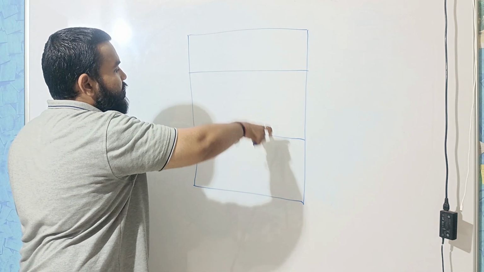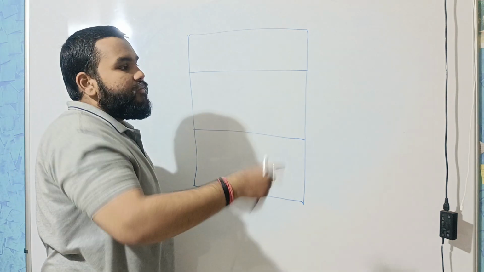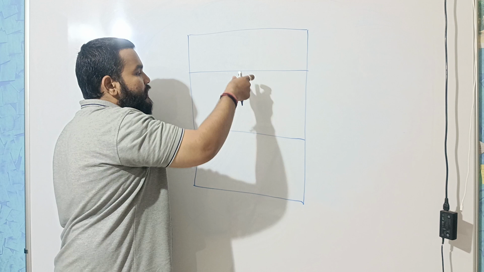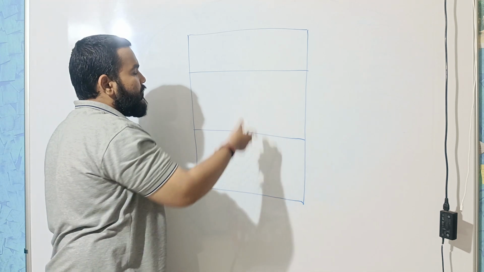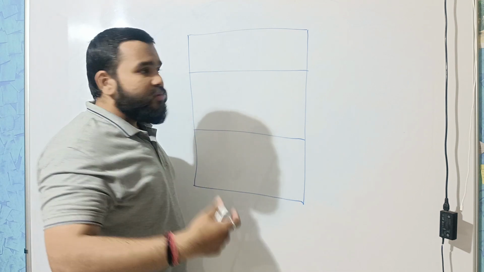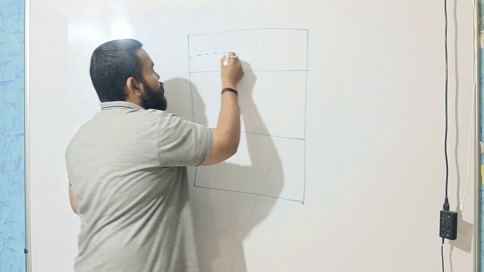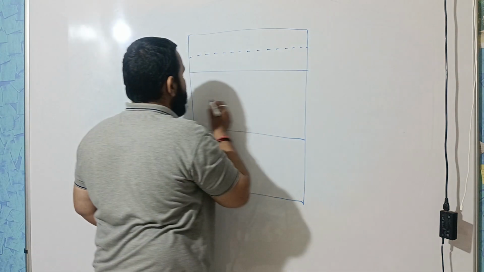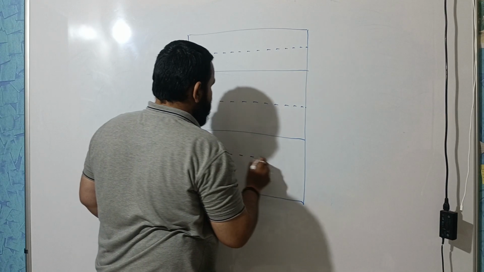Within the mantle there are two different variations of material, like two different phases, liquid solid, semi-solid solid, solid liquid. Likewise, there are so many forms. Here I am just drawing one discontinuity line. This is a discontinuity.